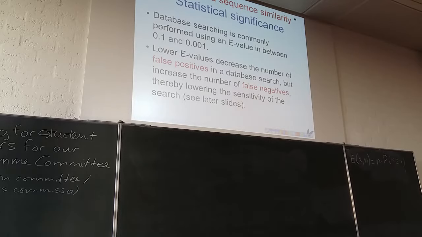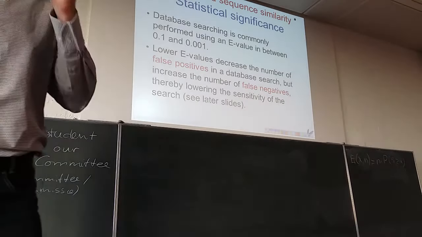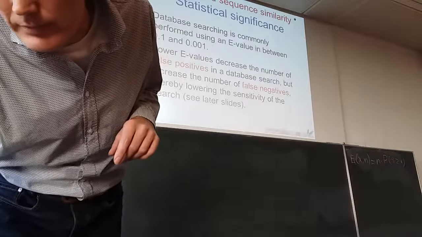But of course, you also increase the number of false negatives, meaning that there are real homologues that you fail to find. Right, and we'll come back to that in a later slide.